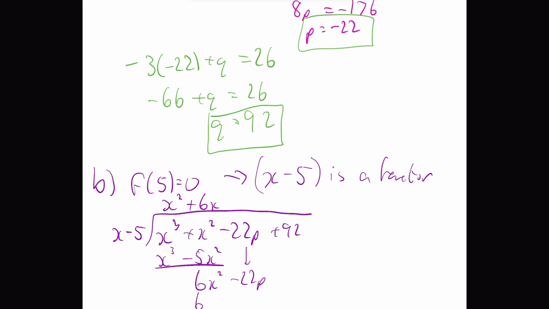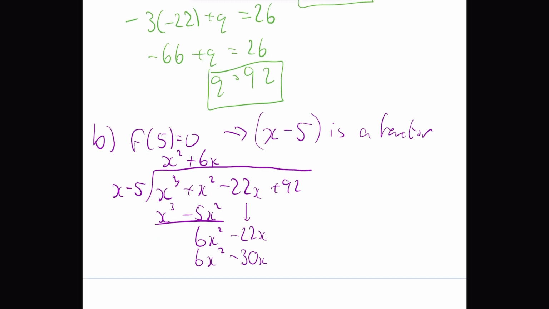So times these both by 6x, and we get x times 6x is 6x squared. Oh, not negative 22p, negative 22x. Made a mistake there. That would be minus 30x.